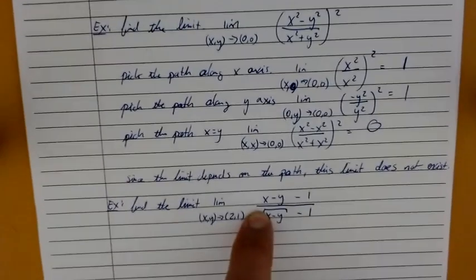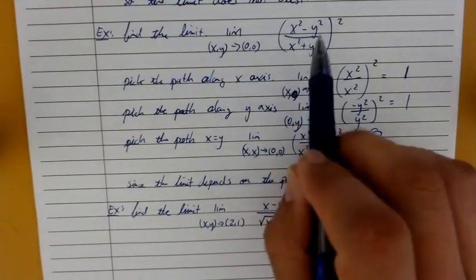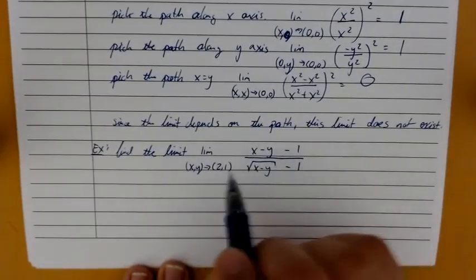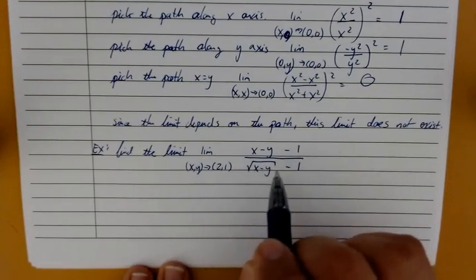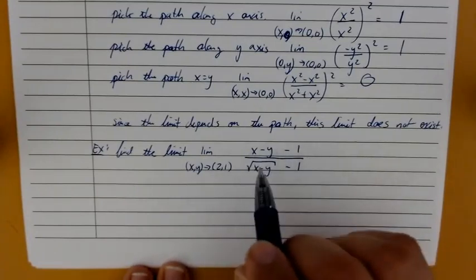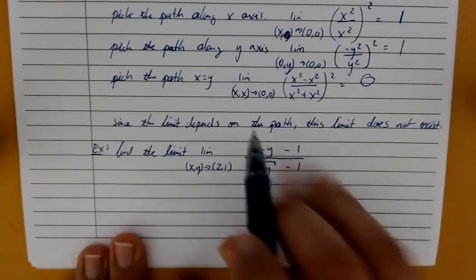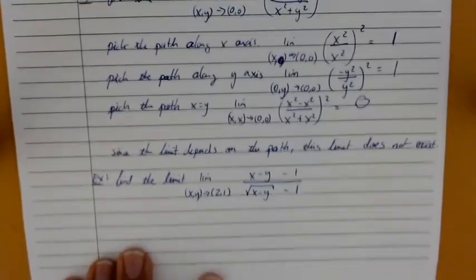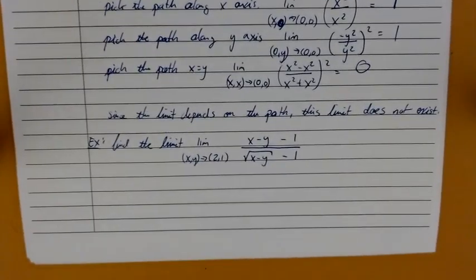Unlike my hunch from before, where these were a little too different, here these look very similar. I feel like things should cancel out and be easy to work with. So I suspect that this limit does exist, which means I'm not going to waste my time testing different paths, because I can never confirm that a limit exists by testing different paths.